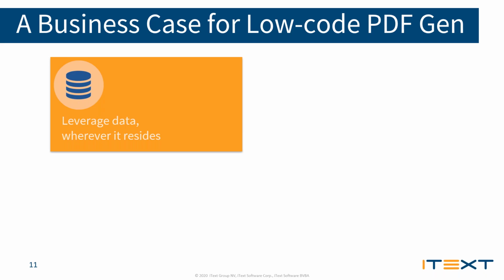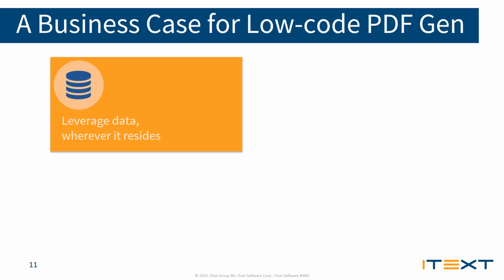And I think it's fair to say that in this day and age, data is, for many companies, a very important, if not their most important asset. So Dito is just another way to help you put that data to work and use it in PDF documents that are very engaging.